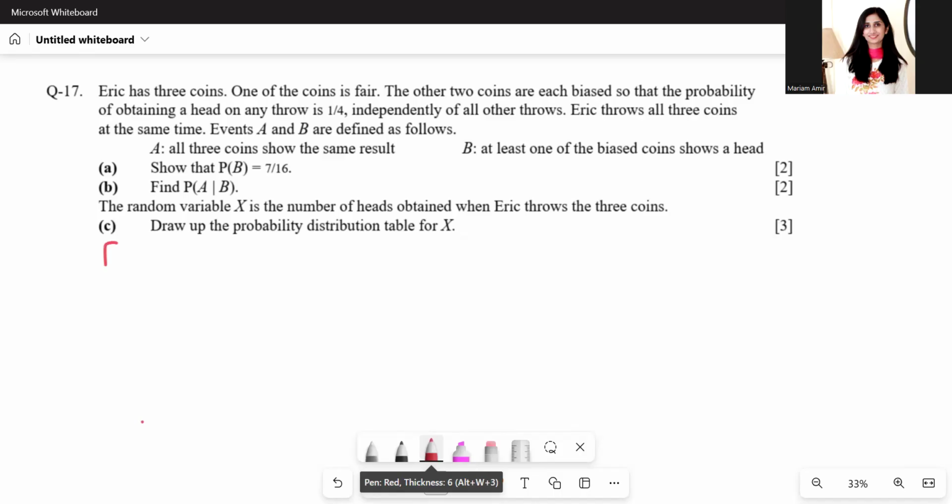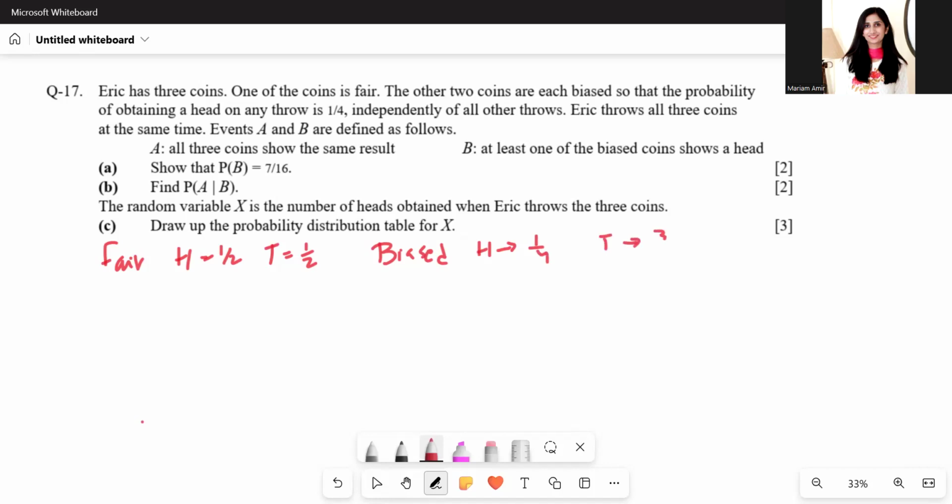So for fair dice, probability of head would be half, and probability of tail will also be half. And for a biased die, the probability of head is 1 by 4. That means the probability of tail is 3 by 4.